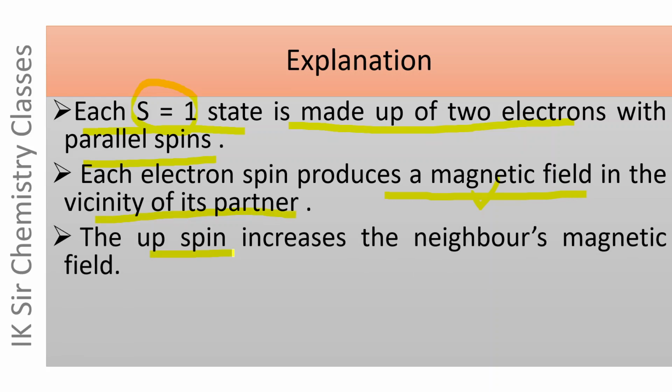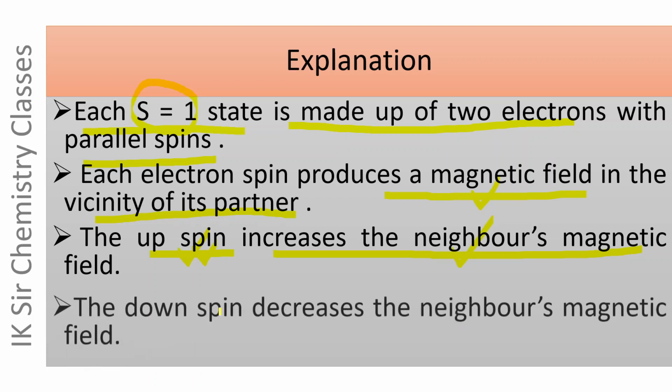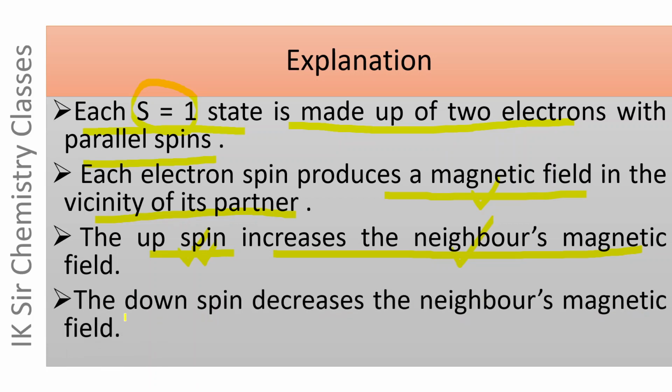The electron with up spin, that is alpha spin, having ms equals +1/2, increases the neighbor's magnetic field. On the other hand, the electron with down spin, the electron with beta spin, having ms equals -1/2, decreases the neighbor's magnetic field.